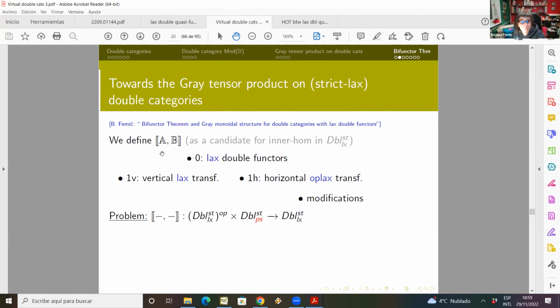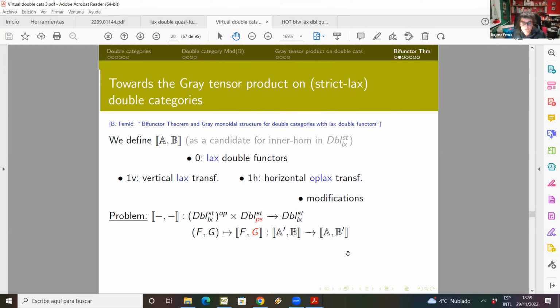But then if you pick up morphisms in here, there are lax functors. So you pick up a pair F and G, they both are lax. Now you want to make this inner home FG, you want it to be a lax double functor. So don't even come to the laxity.